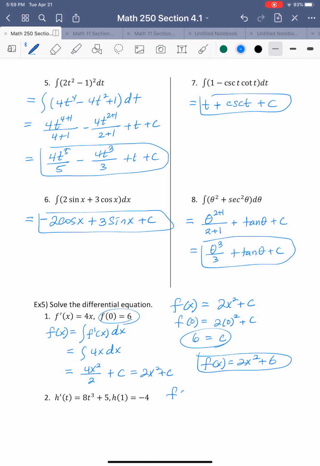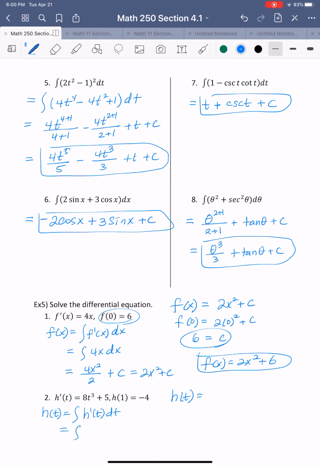Same thing. I'm looking for the f of x in here. So not f of x. Sorry, should be h of x, right? So in here, I'm looking for h of t, which means h of t must be the integral of h prime of t dt.